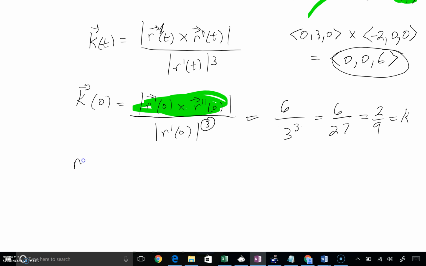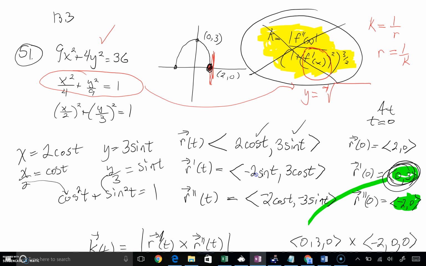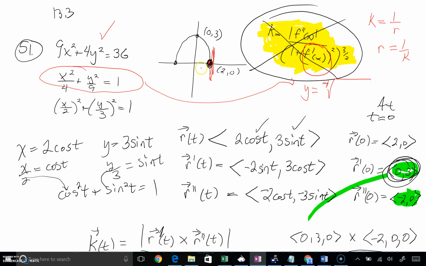Now I can say r is the reciprocal of kappa. R is going to be 9 over 2. Now, if you think about it, that's 4.5. Well, if we went back up to this circle, and you could say right here is 2.